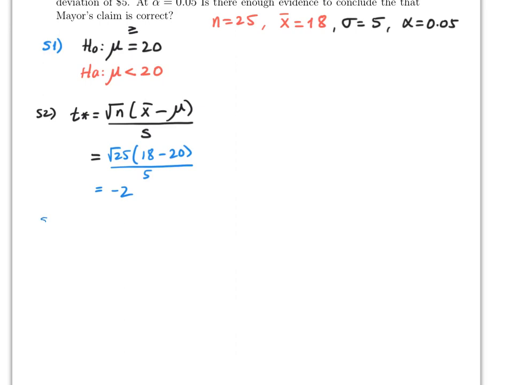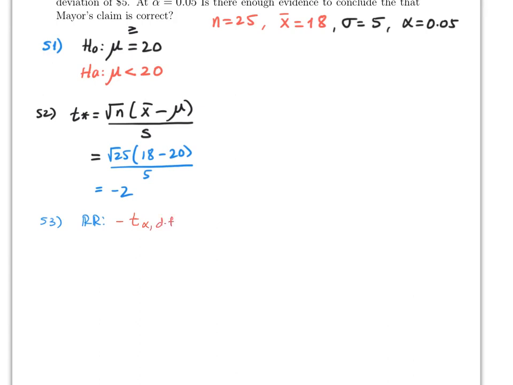Okay, now in step 3, remember we need to find the rejection region. Remember that the alternative is going to determine what kind of rejection region you're going to need. Since this is pointing to the left side, that means that the rejection region is going to be minus t of alpha with whatever degrees of freedom.